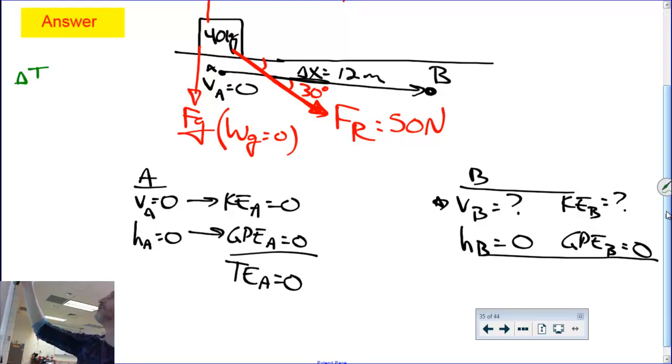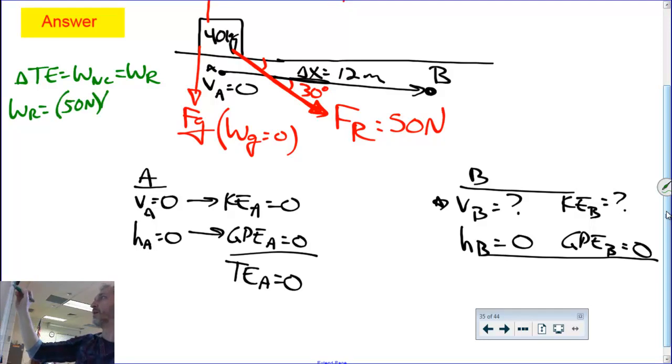Our change in total energy is equal to the work done by non-conservative forces, and Roy is the only non-conservative force. So the work done by Roy is his force, 50 newtons, times the displacement, 12 meters, times the cosine of the angle between them, which is just this 30 degrees.